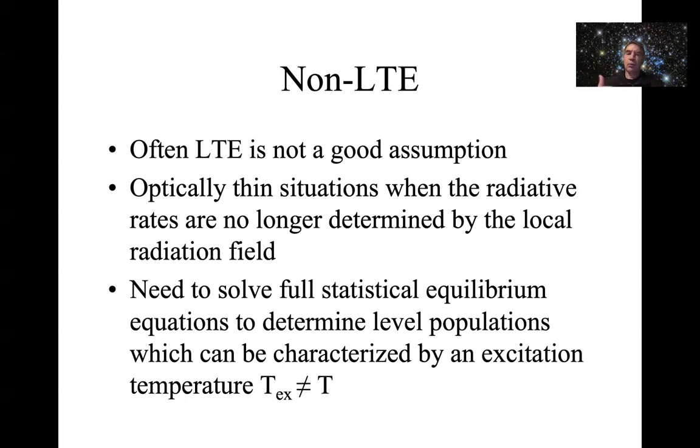So what temperature describes the population distribution in your atom, but it doesn't need to be the same as the actual temperature of the gas. Okay, so the gas might be more excited or less excited, usually more excited than the temperature of the gas, perhaps because you're feeling some sort of hot radiation field from further away.